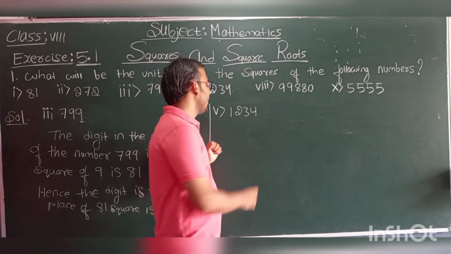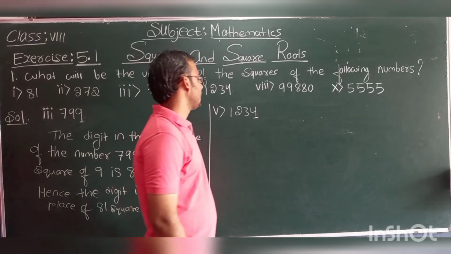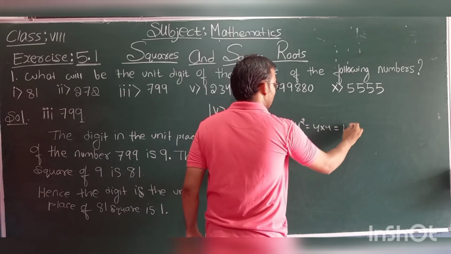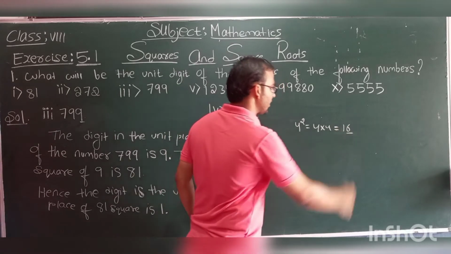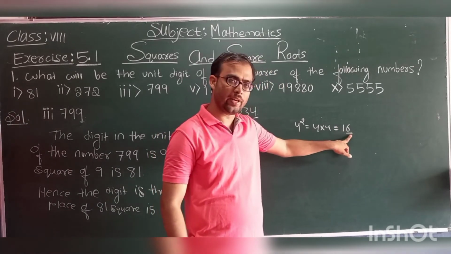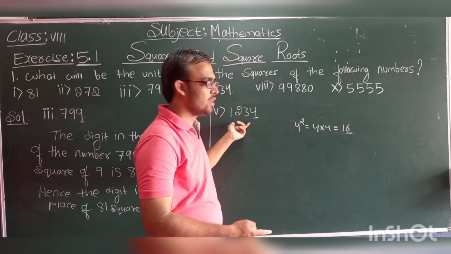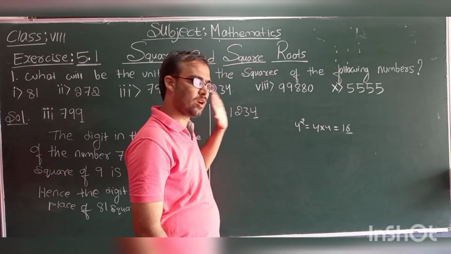Here the last digit is 4. What is 4 square? 16. So the last digit is 6, and when we find the square of this number, we get 6 as the digit in the unit place.